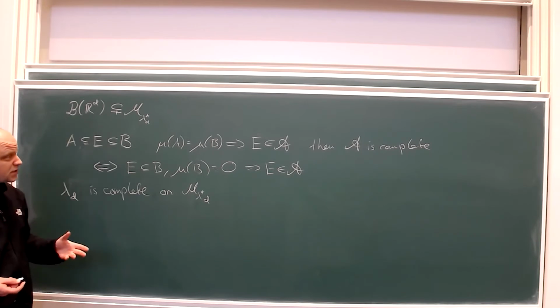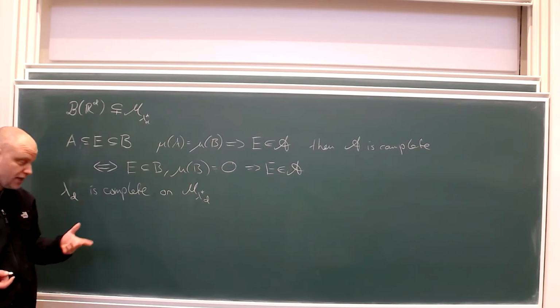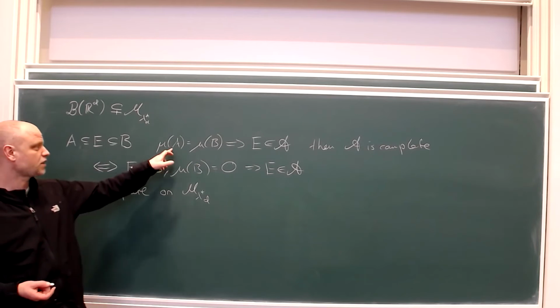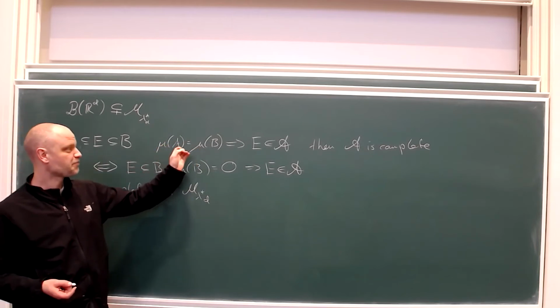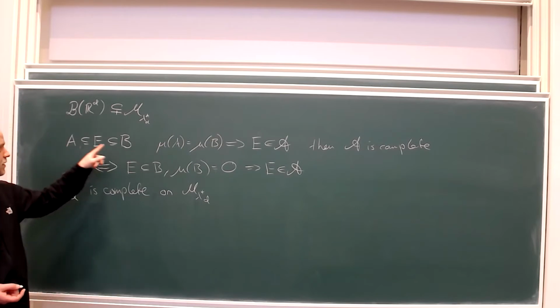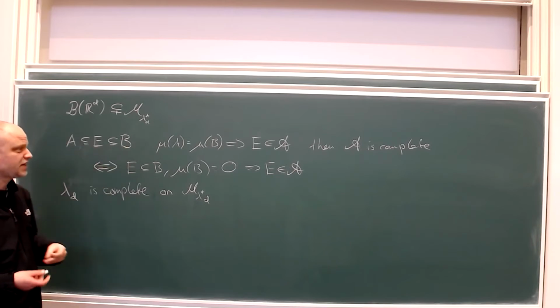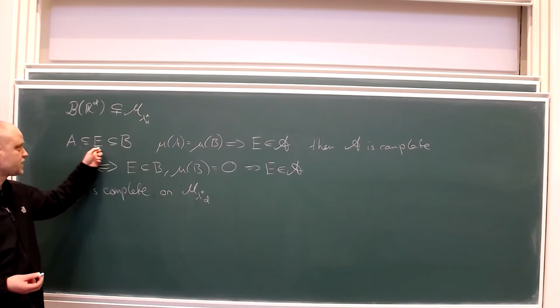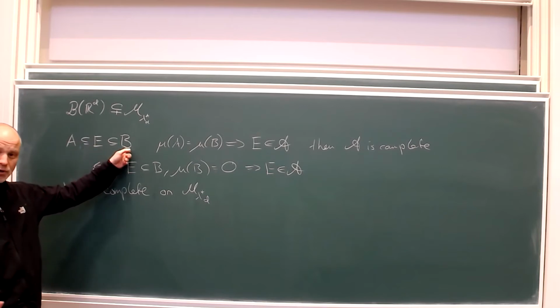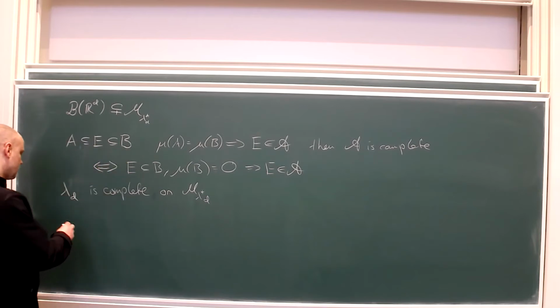Now, next thing, if you have a sigma algebra which is not complete, then you are in the situation that there are some sets stuck in between measurable sets, but they are not themselves measurable. Then, of course, you can define the sigma algebra of all sets E with that property, right?